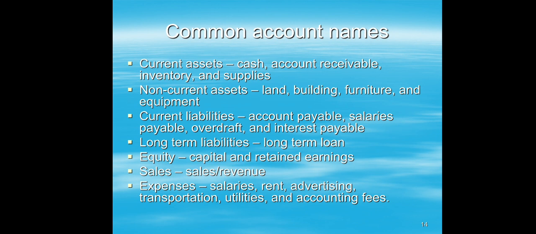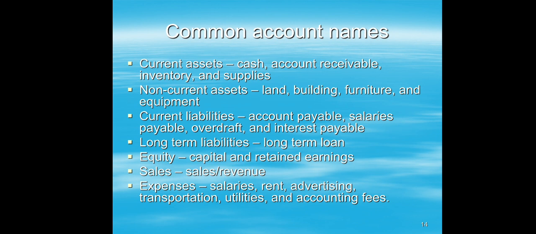So the typical examples of current liabilities are accounts payable. Accounts payable is something like this. Your business purchases something from a supplier, but will pay in the future. That amount that your business has to pay the supplier in the future has to be recorded in an account called accounts payable.